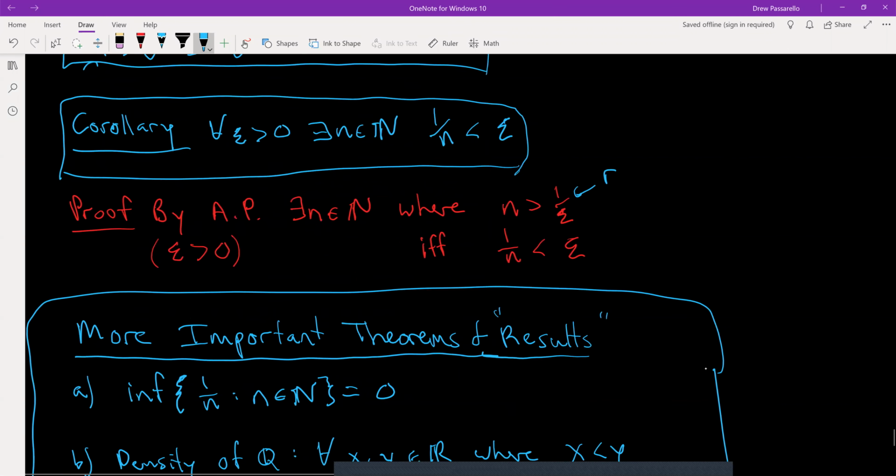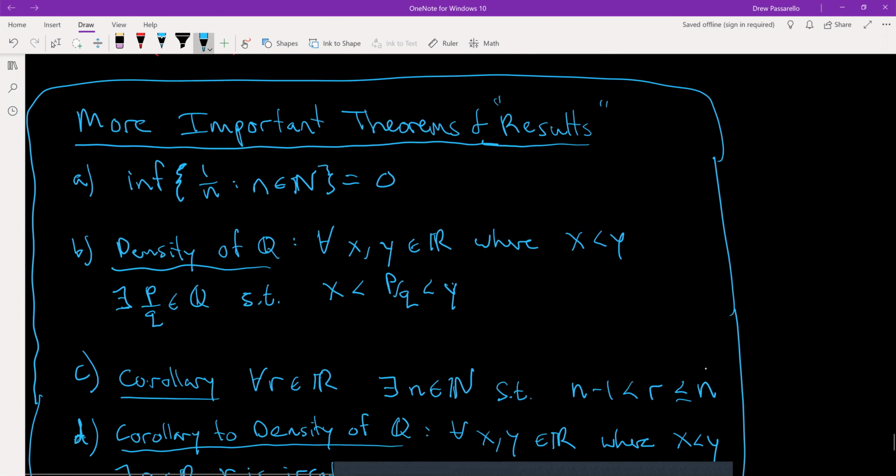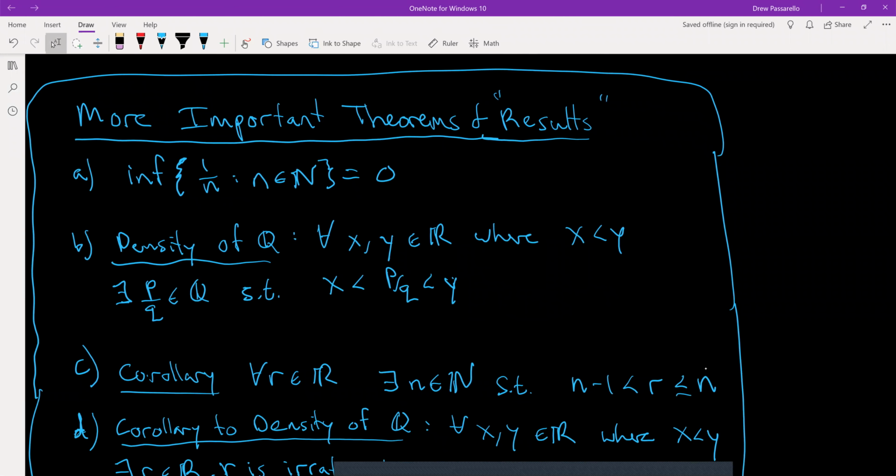What I'm listing next are some important theorems or results or corollaries. I figured I'll get these out of the way and then go over some examples. The first important result is that the infimum of the set 1 over n, where n is a natural number, is equal to 0. We'll actually prove that as one of the examples.